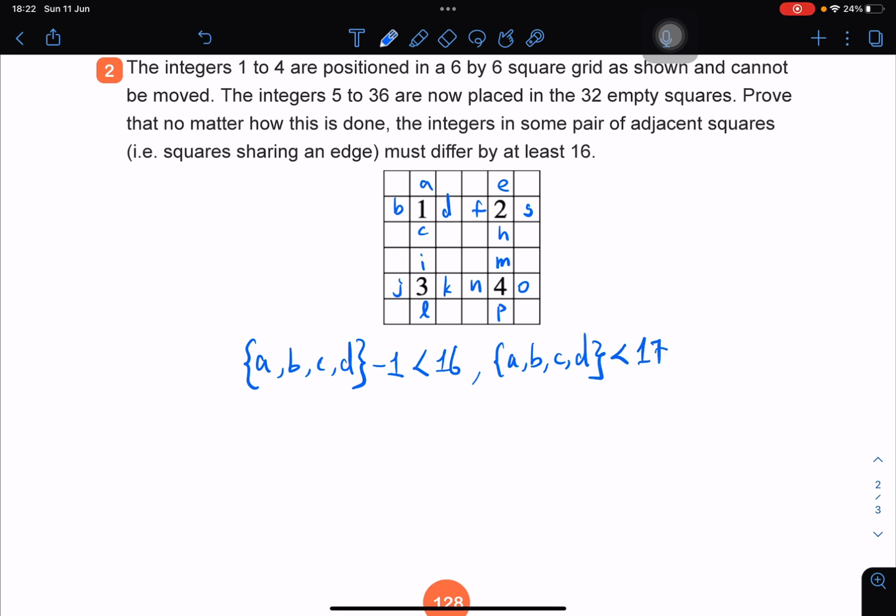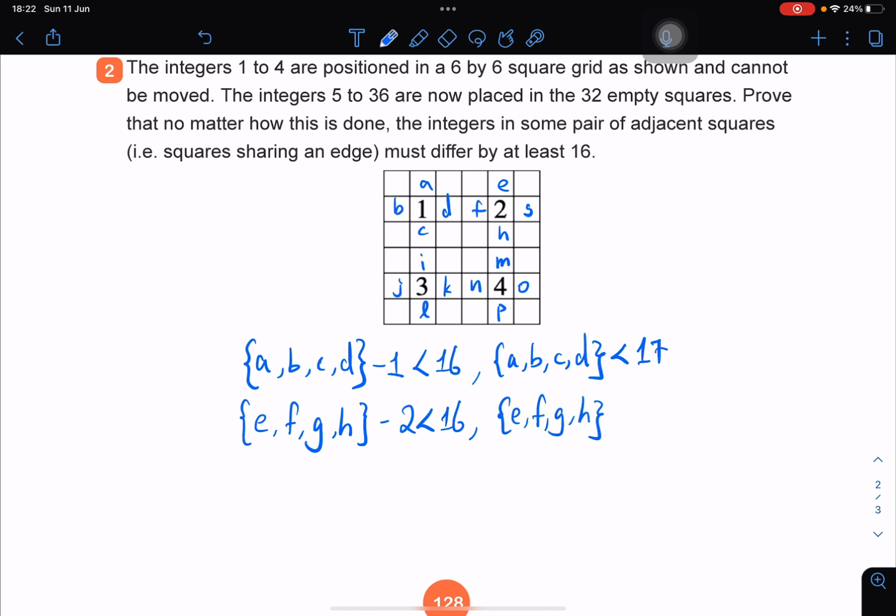And then we will have E, F, G, H, take away 2, smaller than 16, which means that E, F, G, H have to be smaller than 18.